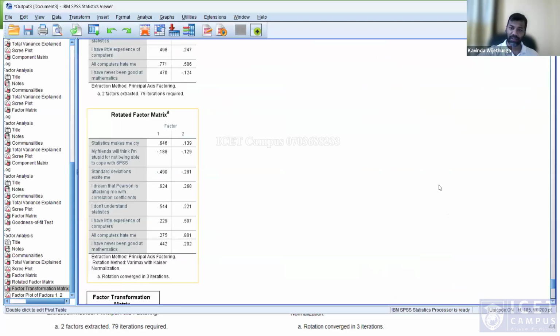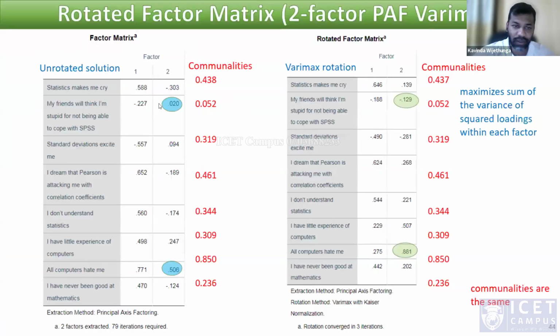But we'll see what the differences are. So here it's 0.02, right? 0.02 is there, then it's changed to 0.129. Likewise, there are many changes in my values. If you consider this one, this comes to 0.811, right? That's why we are using these rotation methods. Right, so this is the unrotated solution.